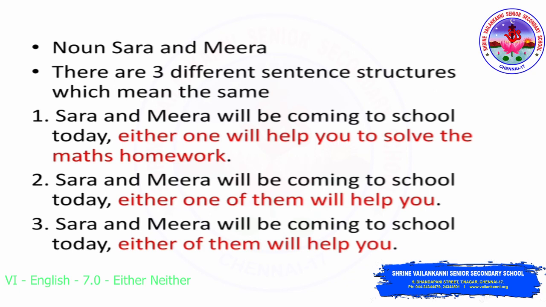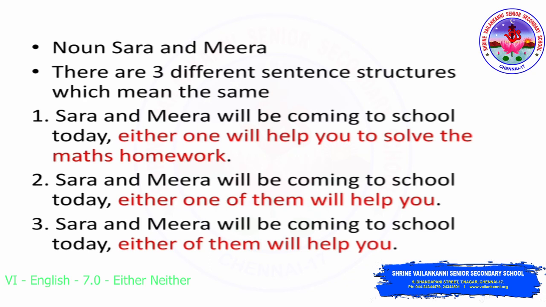So here, Sarah and Meera will be coming to school today. Either one will help you to solve the maths problem. Next, Sarah and Meera will be coming to school today. Either one of them will help you. So both the sentences are correct. The third form: Sarah and Meera will be coming to school today.